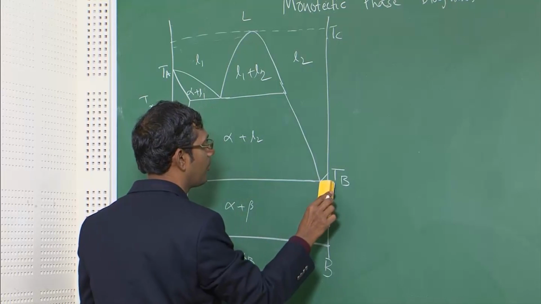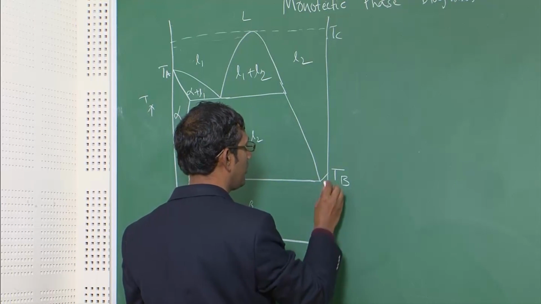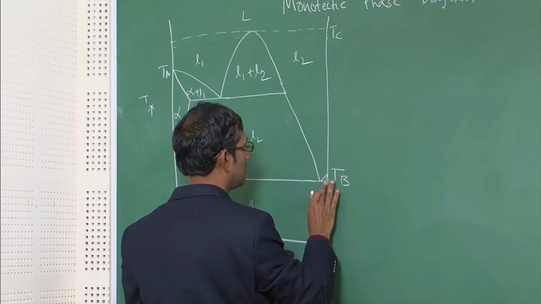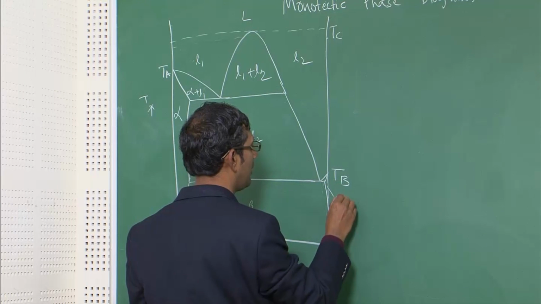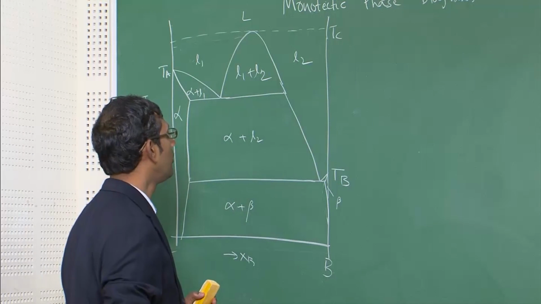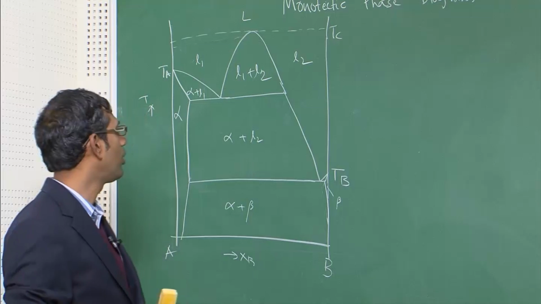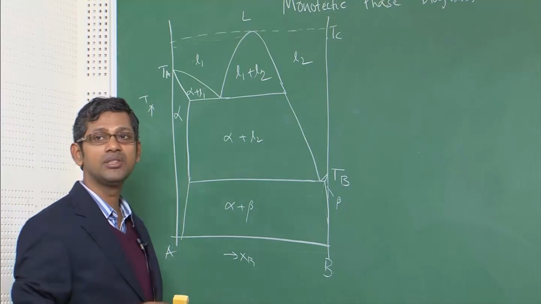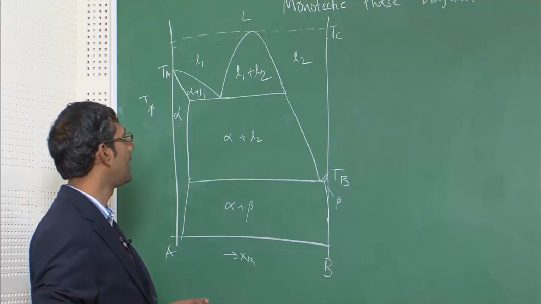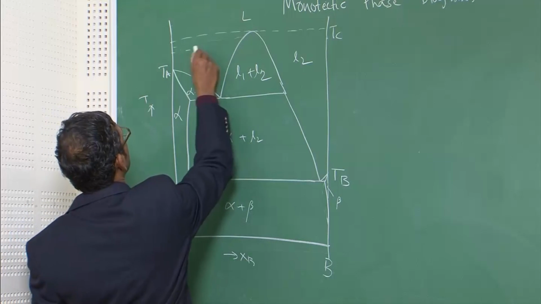Okay, now there is some problem here, let me complete it. So, this phase field is beta. Now, I am going to draw the free energy versus composition diagrams, or G versus XB diagrams, at different temperatures. So, let me just draw the temperatures.